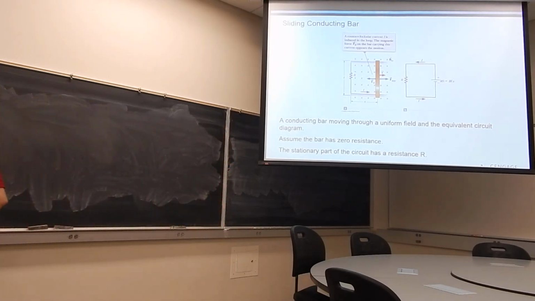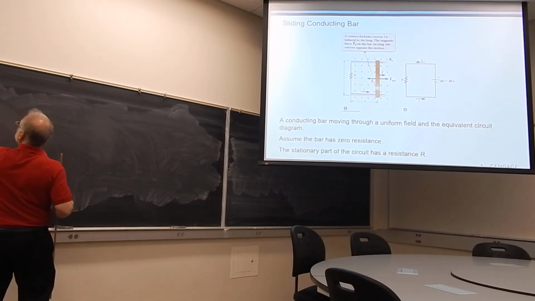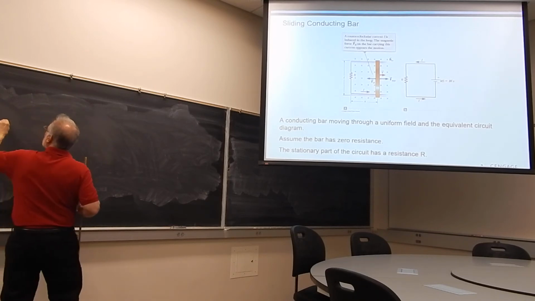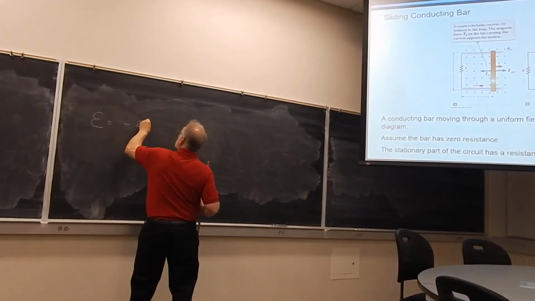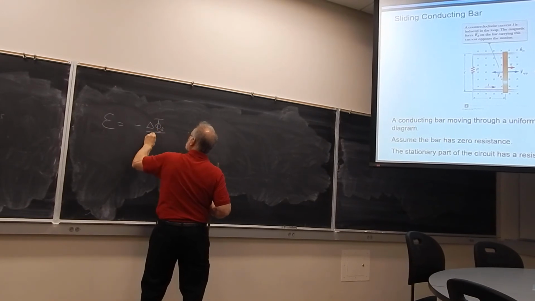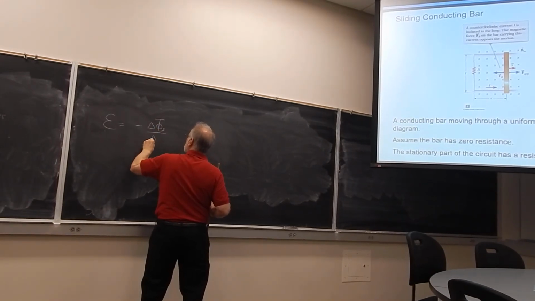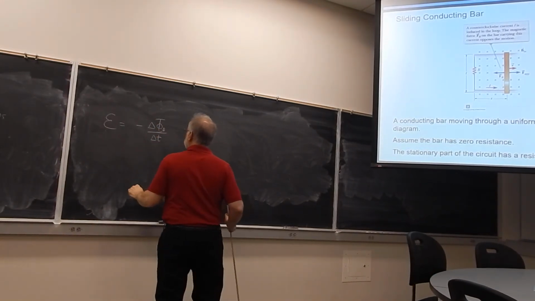So this is what we call motional EMF. There's a very simple expression for how that works. In this case, I can write the EMF that's induced as minus the change in magnetic flux over time.